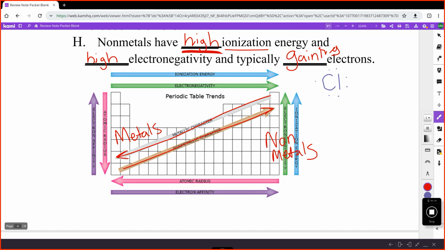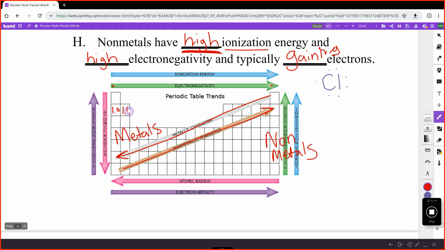A lot of the times, the Regents will ask a question about what is the trend of electronegativity across the period. And most people might remember that it does increase as you go across. But let's just say you don't. What you can do is go right to your reference table, and you can say, all right, if I start in period 2, lithium has an electronegativity of 1.0.